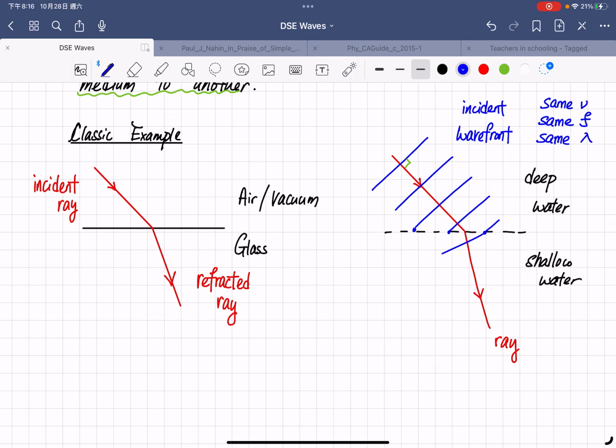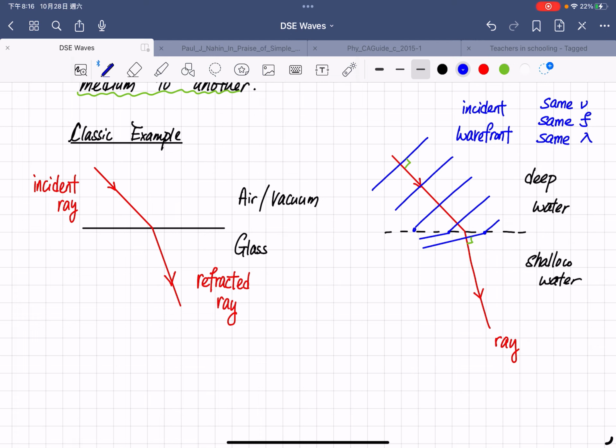So we draw a line, and this line cannot be this because it has to be perpendicular to the ray. So I'm going to draw something like this. Similarly, this one is parallel to the first one, like this. This is correct in the sense that they are now perpendicular to the ray, the only requirement we need.